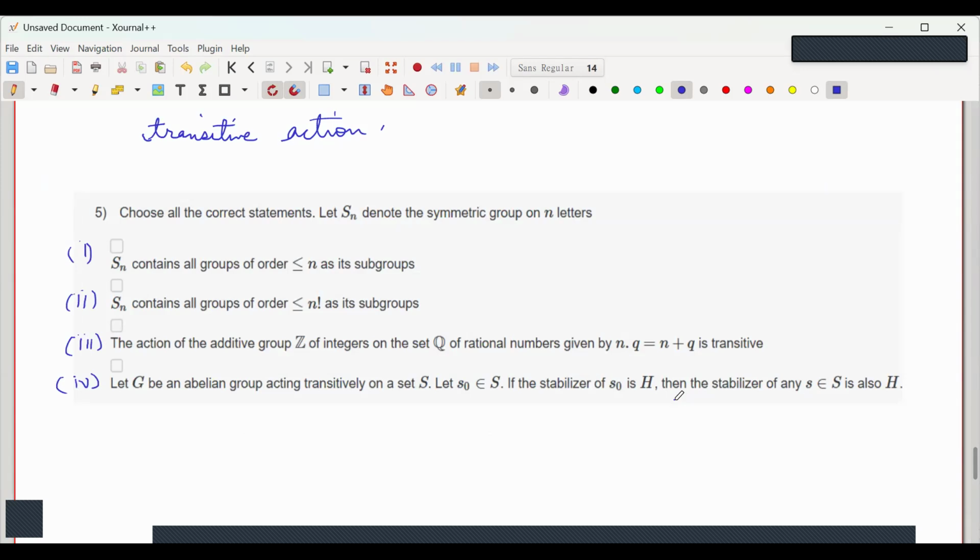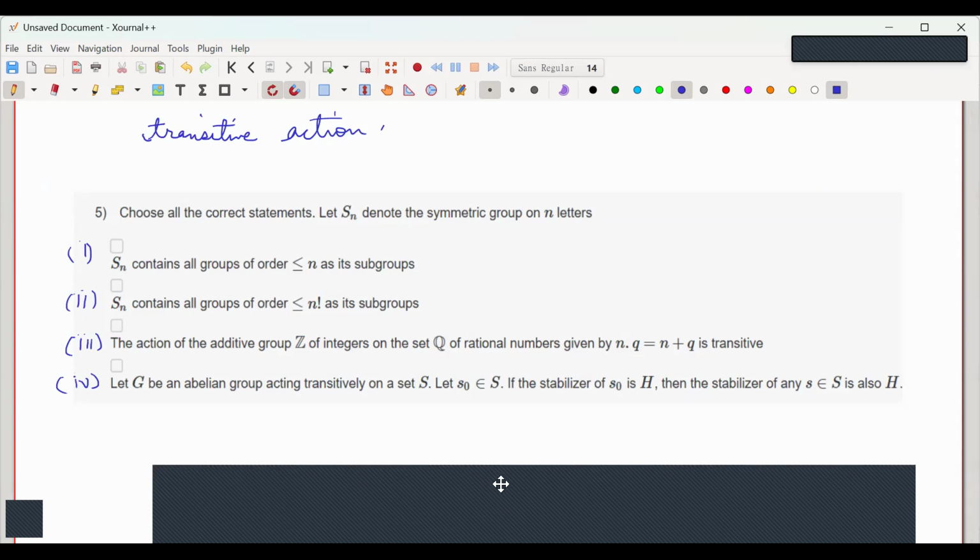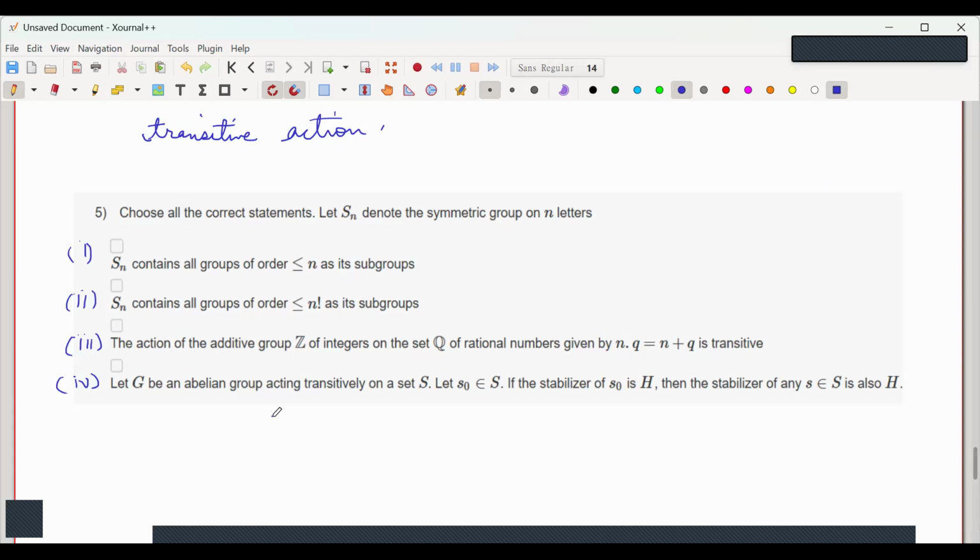Is it true? Is the first statement true?